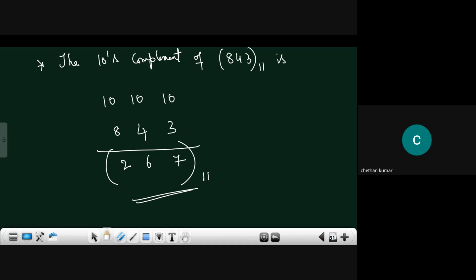Can you work on a few examples on the complements? Okay. So one question I can give. What is the 2's complement of the following numbers?